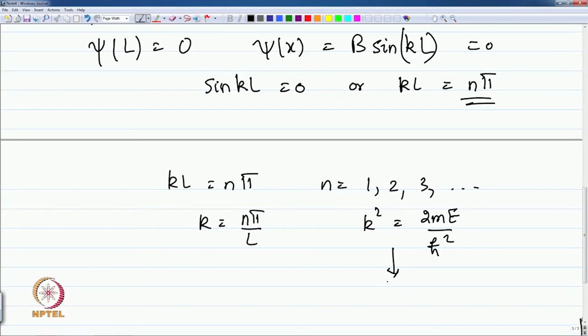Therefore, this gives you immediately that n squared pi squared by L squared is equal to 2mE by h squared times the 4 pi squared that we have.